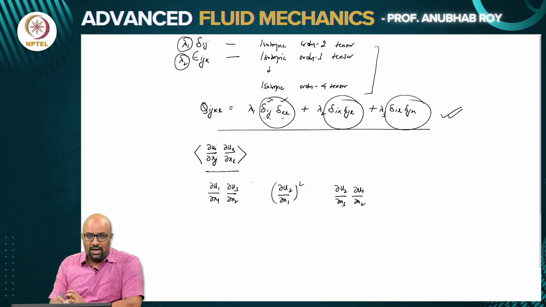Isotropy, mathematically, as we learnt here, means that you don't have any component changing due to coordinate transformation. The other way of thinking of isotropy is that there is no preferential behavior in some angular manner.